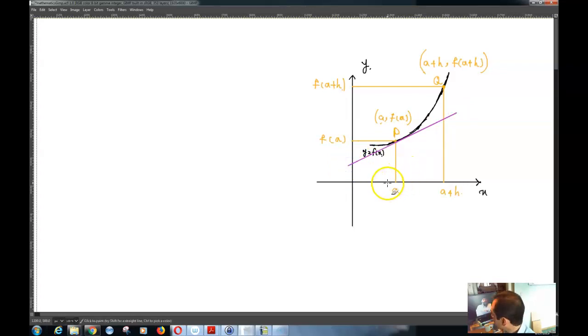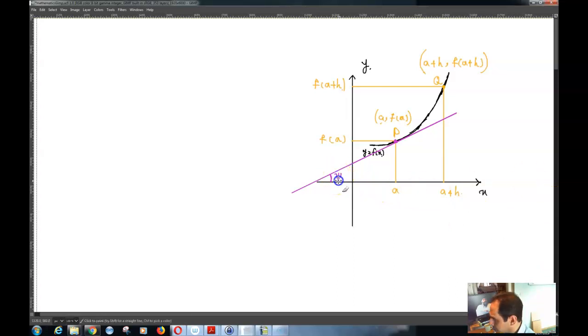Suppose this is a tangent at this point to the graph of the function, and the tangent makes an angle of psi with the positive direction of the x-axis.